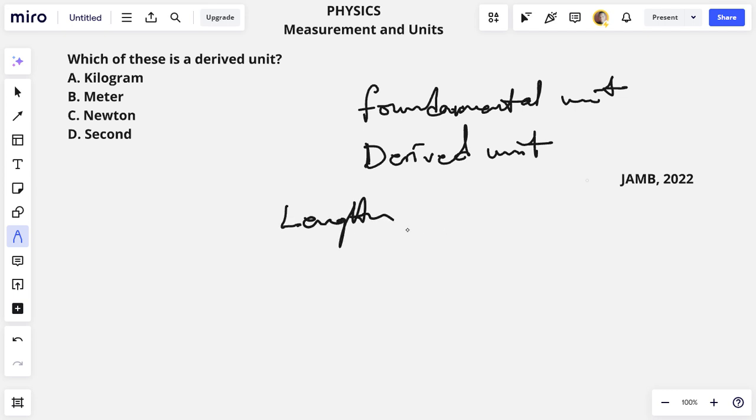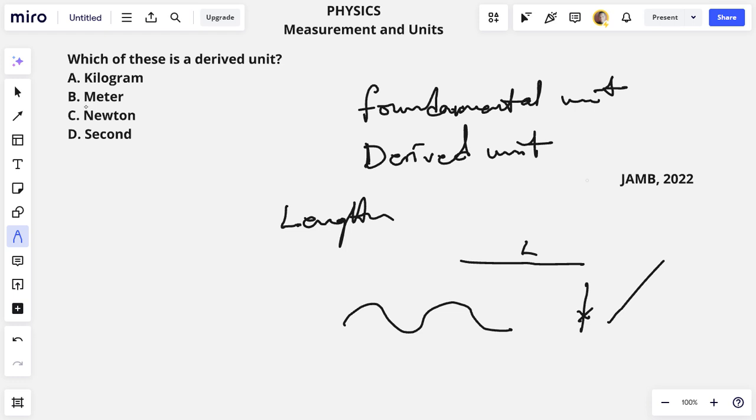That means length is measured in meter, any form of length, whether it's vertical or horizontal or slant, or curved, any form of length, we measure it in what? Meter. So meter is the basic, and you cannot break it more than that.